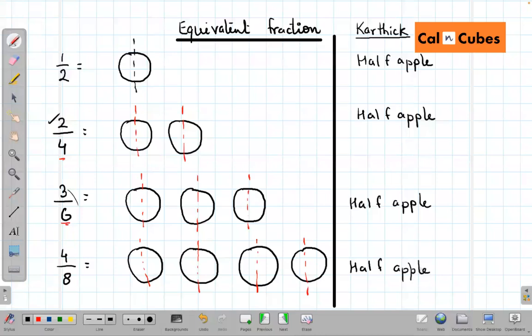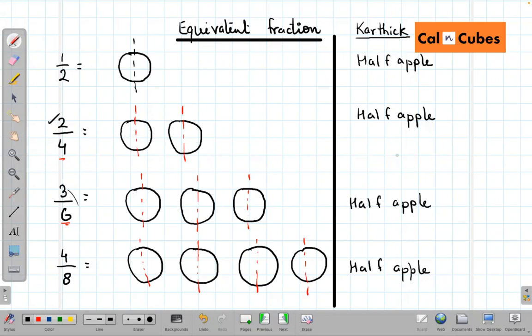Now you see, though the fractions and figures are different, the amount of apple you are getting every time is the same, half. The portion which one person is getting is not changing. Such fractions are called equivalent fractions.